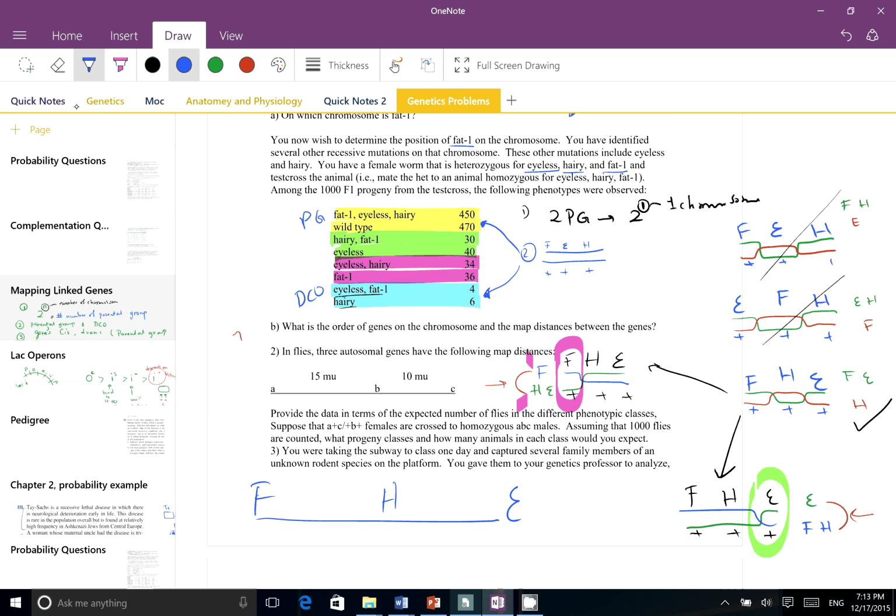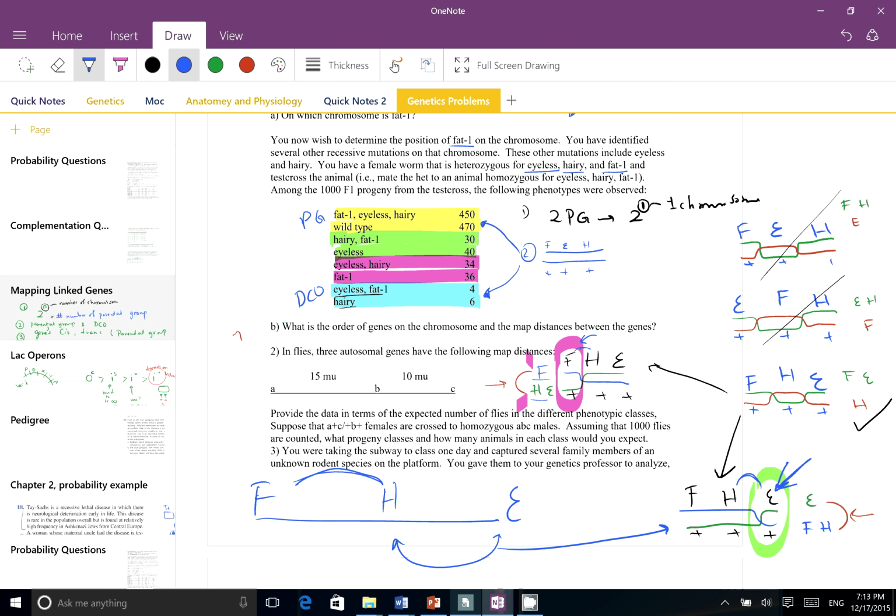When E was the one that crossed over, that means it will give me the distance between it and H. So this crossover will give me the distance between it and H. When F was the one that crossed over, and gave me those two possibilities, F and HE, it will give me the distance between it and H.